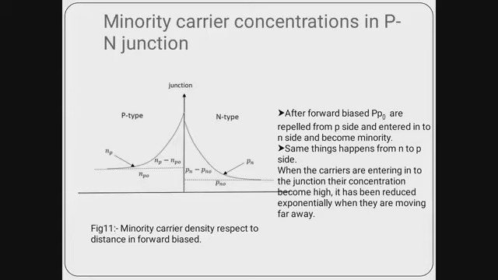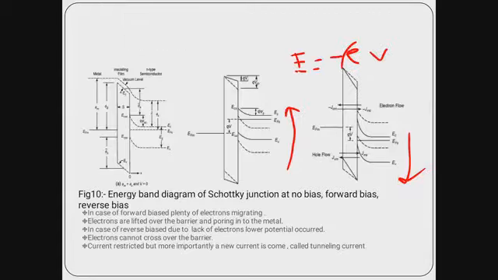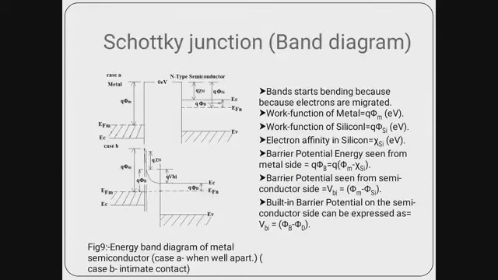Okay, before discussing this slide, I want to discuss electron affinity and work function. So what is work function? It is denoted here by phi. In the case of metal, this is phi of m. In the case of semiconductor, this is phi of Si, silicon. The work function is the minimum energy required to move an electron from a material to the vacuum level.